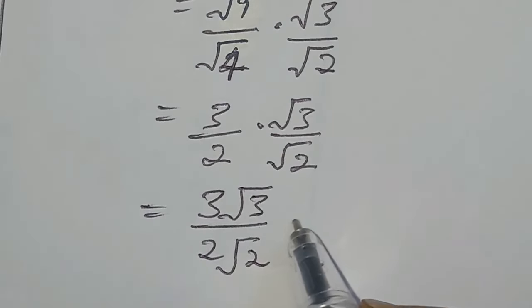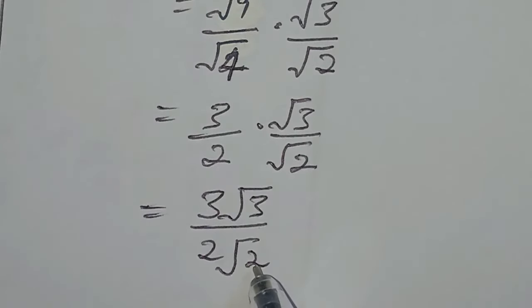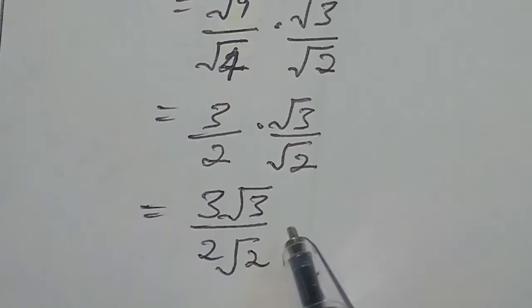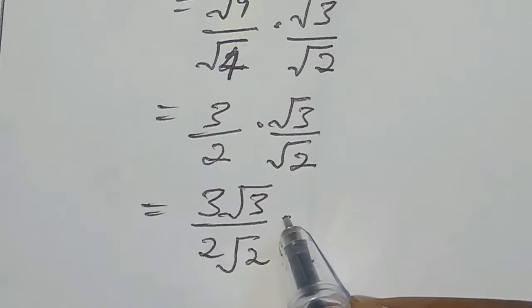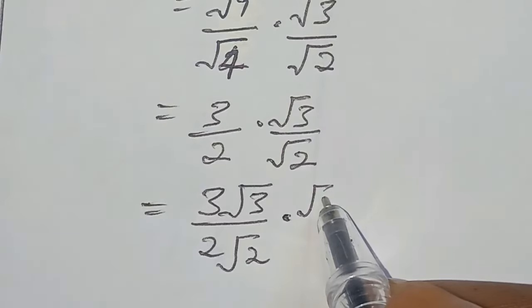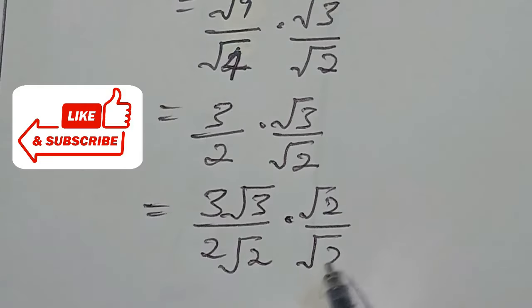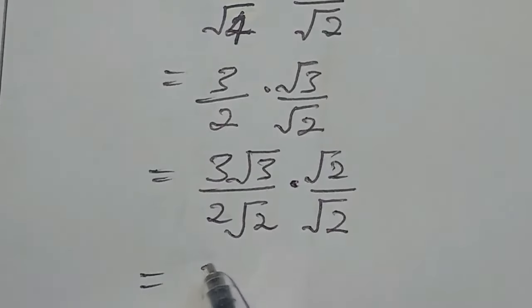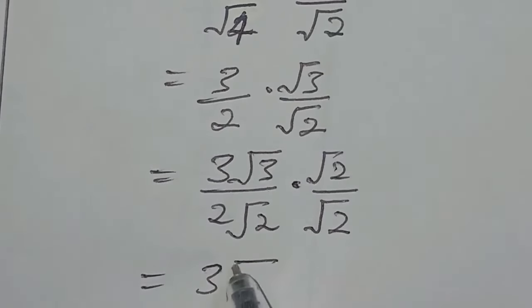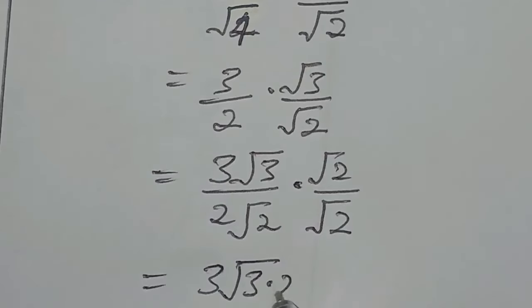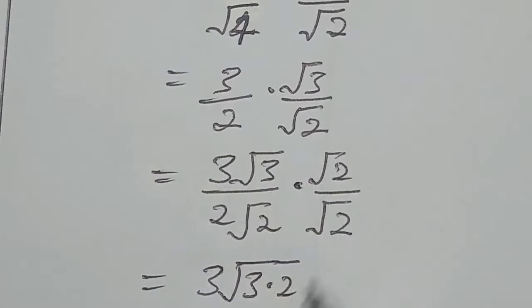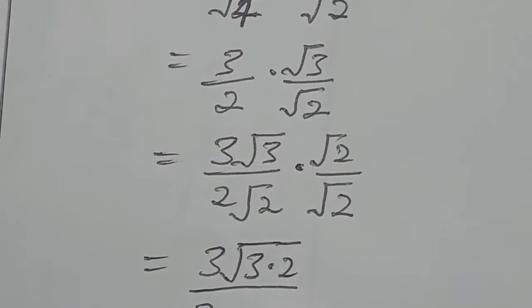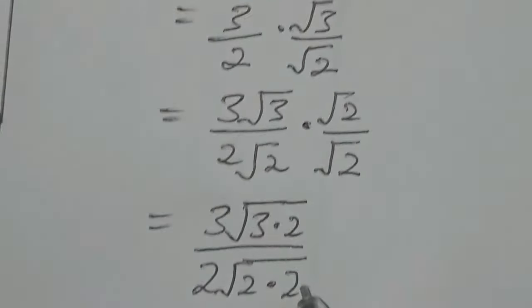From here we can multiply by what we have at the denominator in order to rationalize and remove the square root at the denominator. So multiply by square root 2 at the numerator, and square root 2 at the denominator. If we simplify this, we have 3 square root 3 multiplied by 2 for the numerator. At the denominator we have 2 square root 2 multiplied by 2.